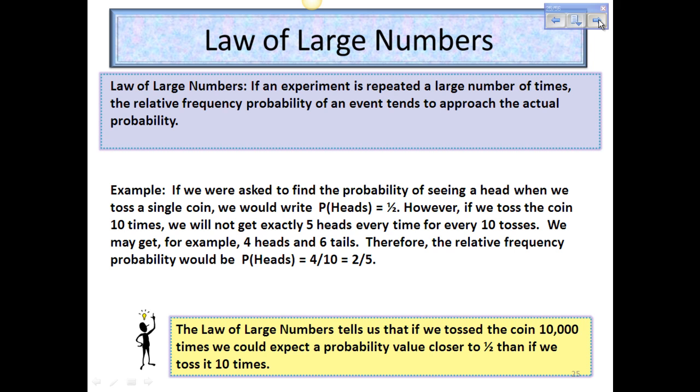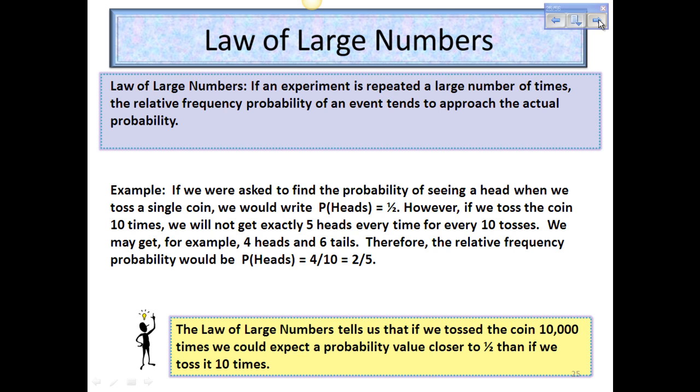We have the law of large numbers. If an experiment is repeated a large number of times, the relative frequency probability, and remember relative frequency was just the percentage of the frequency out of the total number of items, tends to approach the actual probability, or what we would call the theoretical probability.